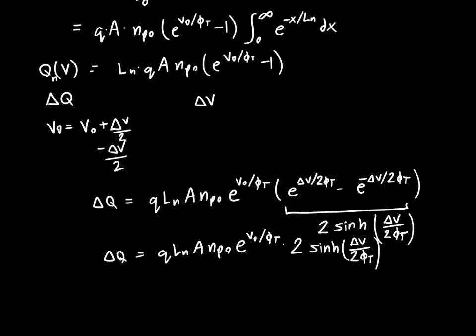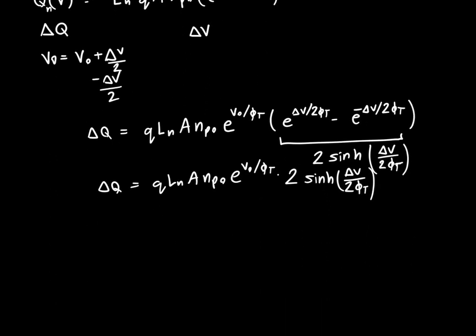Now, in general, this is a nonlinear function of the voltage, and we said that we wanted a linear model. So we want to relate delta q, we want it to be a linear function of delta v. And we know that if delta v is much, much less than 2 phi t, which may or may not be realistic, but we're going to assume that it is, then sinh of x for small x is approximately just x. So we can just get rid of this sinh entirely and rewrite delta q.